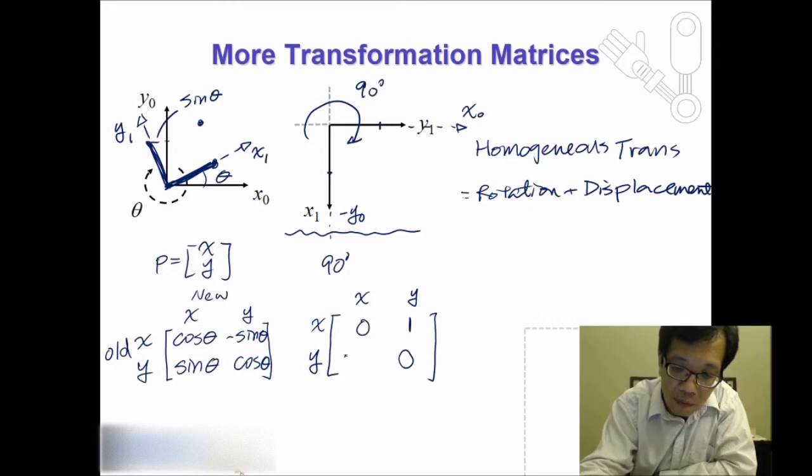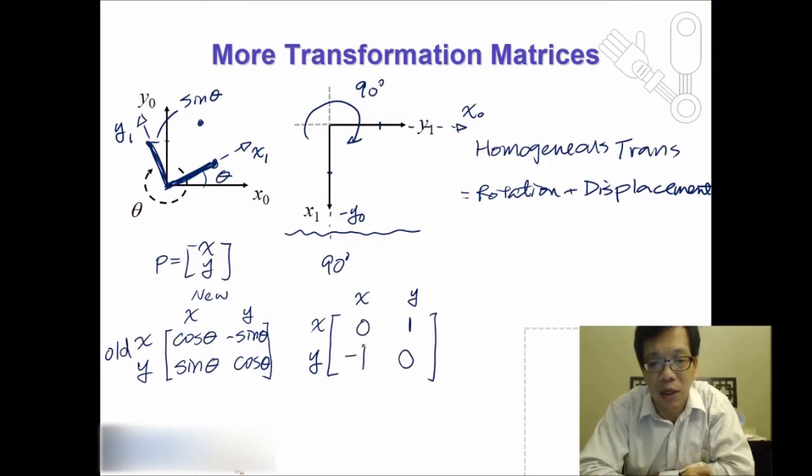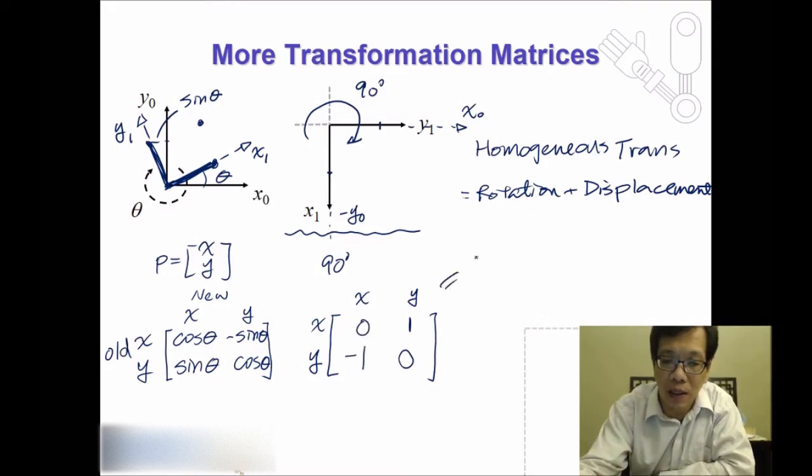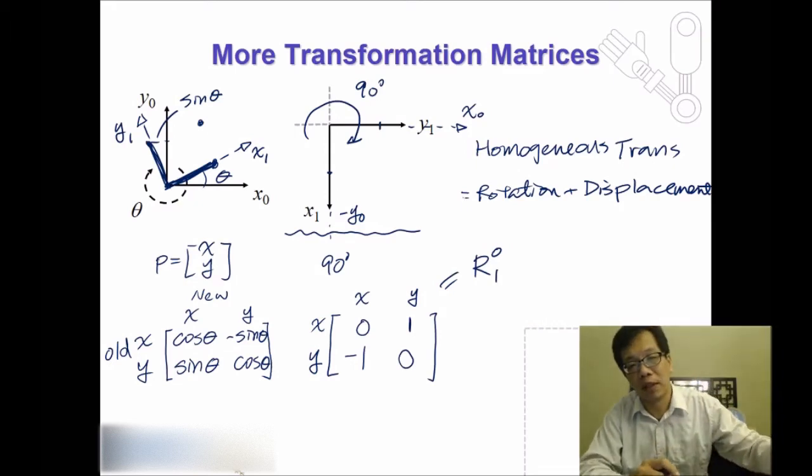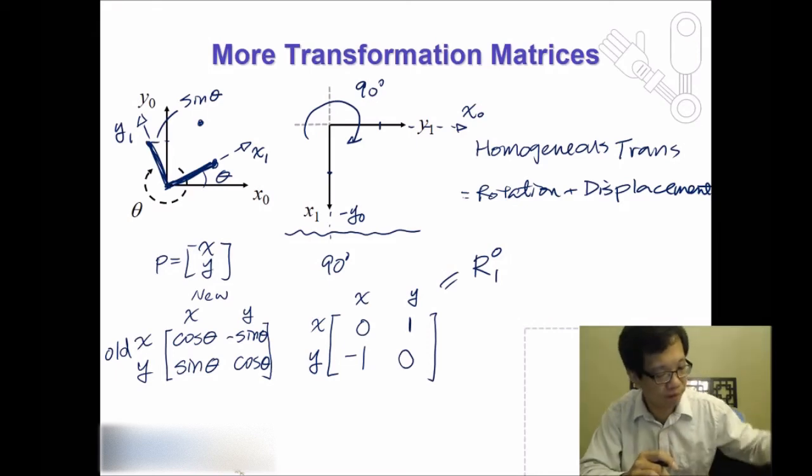So the rotation matrix looks like this, which is pretty straightforward for us to come up with as the transformation matrix R.